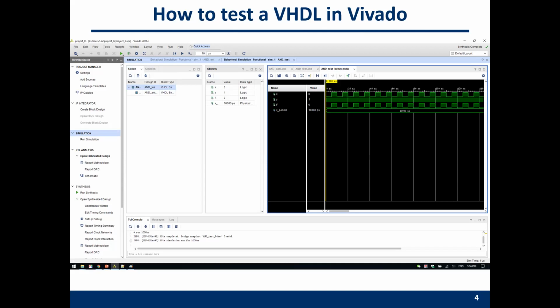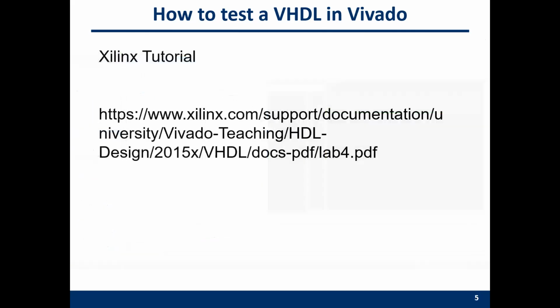If something is wrong, then you can modify your code. If you are not familiar with VHDL, here is a tutorial for you. We only write some very simple VHDL, but if you are interested in more details or more advanced features of the VHDL language, you can see this tutorial.